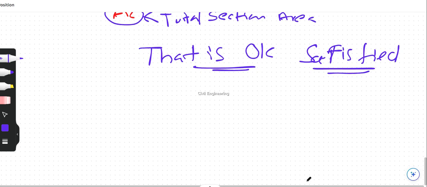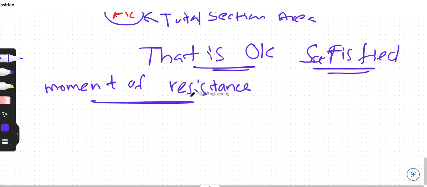Okay, let's find the moment of resistance of this beam. How we can find it? For that, first we have to find the depth of the lever arm.